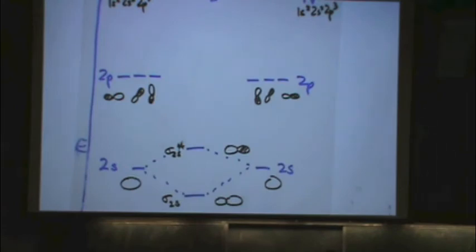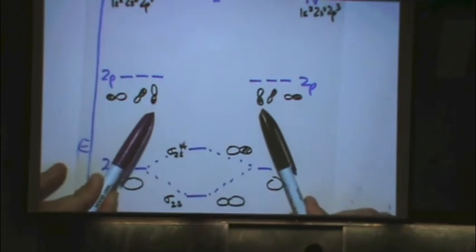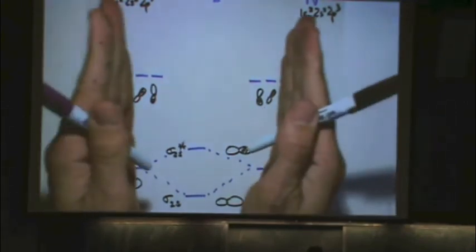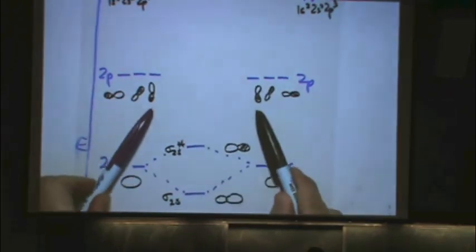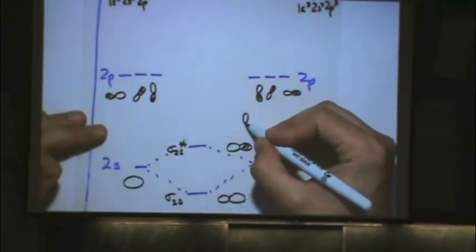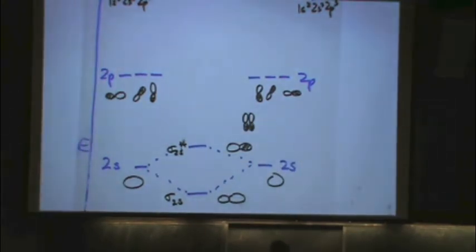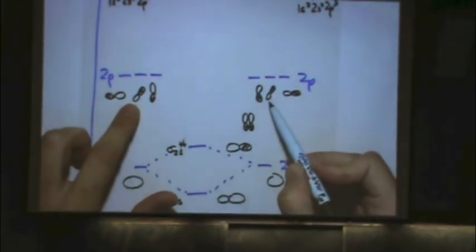Okay, first, can you see that this one and this one can come together in a bonding fashion where they just come together like this, these two. And it would look like this. This would be bonding because the unshaded are together and the shaded are together. And in an identical way, these two could come together.